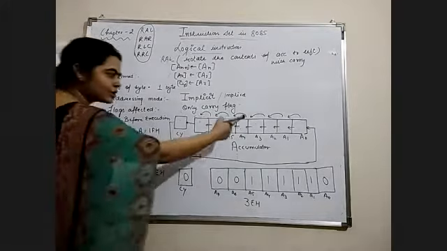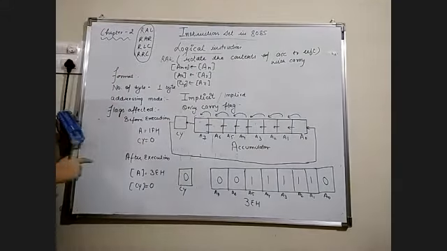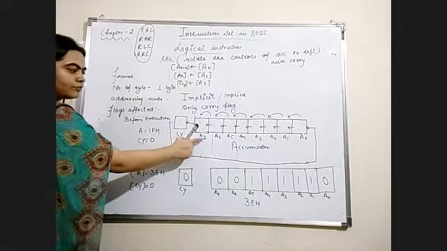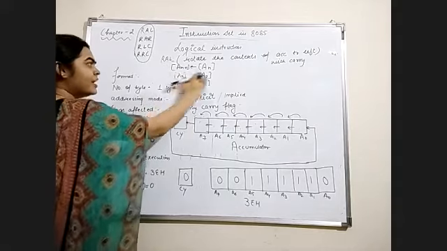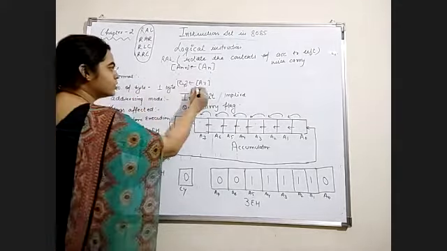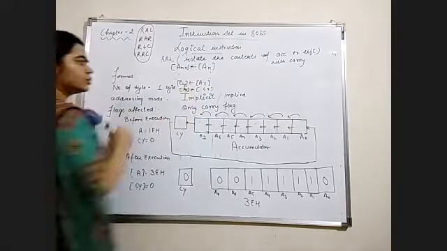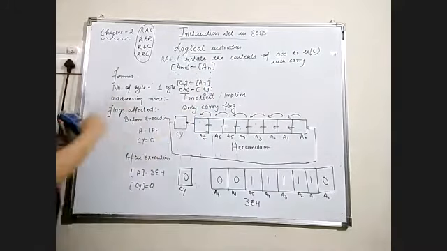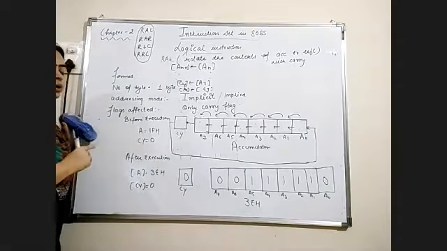The rotation is like this, where we include the carry flag also. According to this instruction, the format is same. The value of A7 goes into CY, while the value of CY goes into A0. This is the only change in this instruction. So here the carry flag is also included by the microprocessor during the rotate operation.